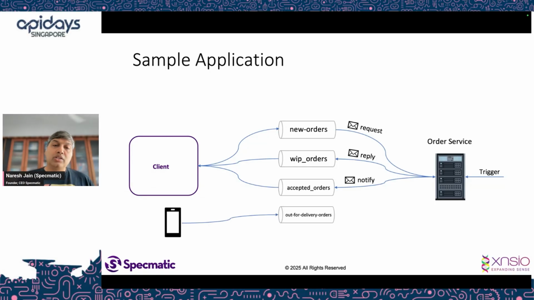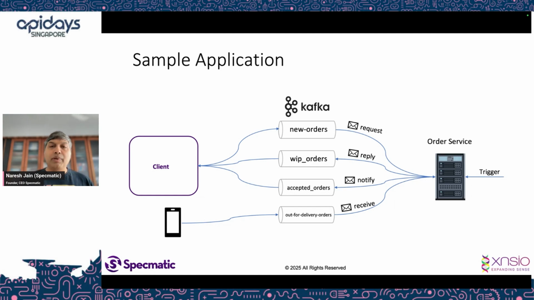You might have a shipping app that wants to notify the order service on updates to the order. For example, the order might be out for delivery, and the order service would get notified of this. So here I've tried to communicate three simple patterns that are possible.